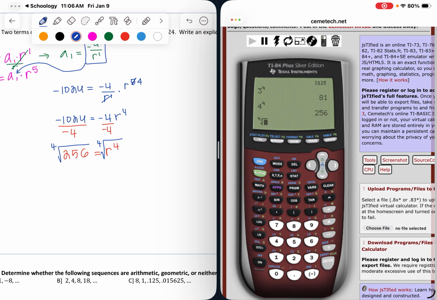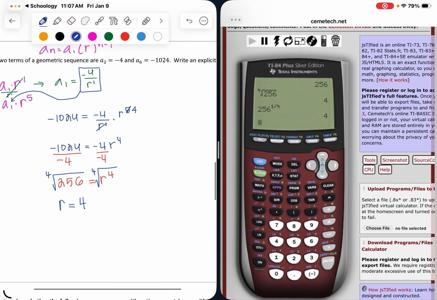And then I hit 256, and it says it's 4. Or another thing is that the fourth root is the same thing as the 1/4 power. So you could do 256 to the 1/4 power, 1 divided by 4, and it'll give you 4. So after showing you 8,000 ways to do that, r is 4.